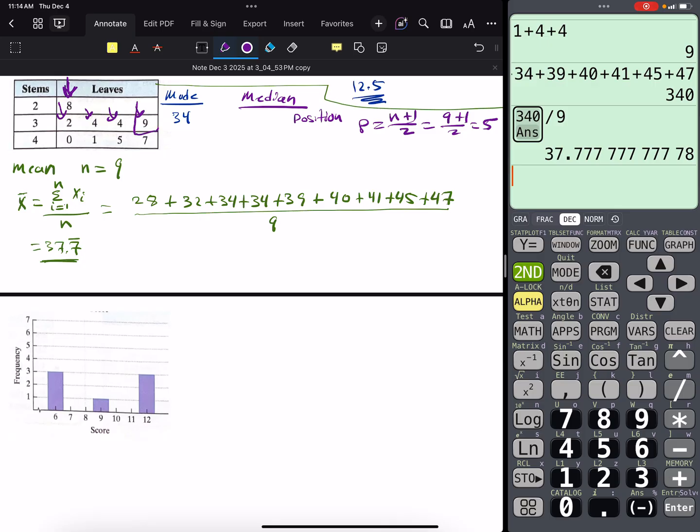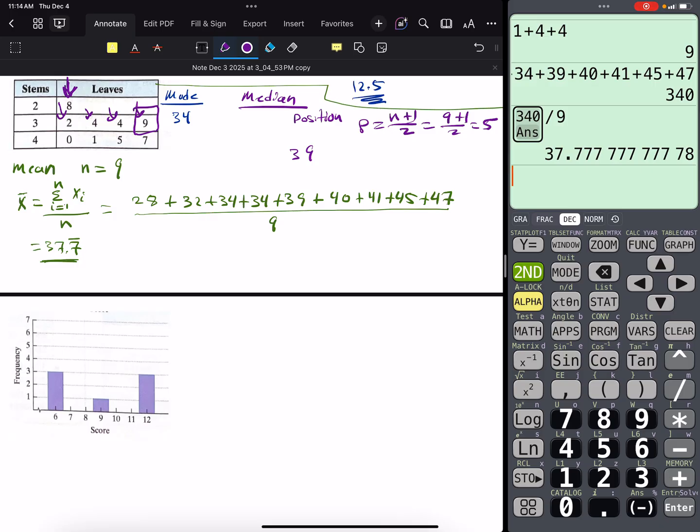And so my fifth data point, based on that calculation, is my central data point. You can also kind of see this because I have 4 data points before it and 4 data points after it. Okay, well that median is going to be 39 because the stem is the tens place and the leaf is the ones place.